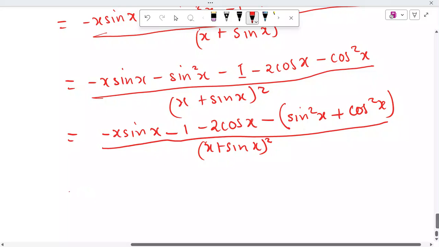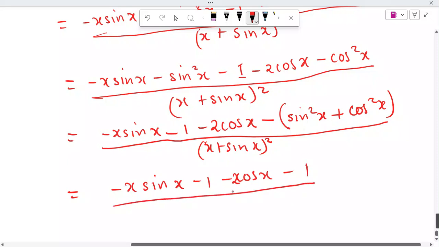You just remember from our previous video, I derived this identity. So minus 1 minus 2 cos x, and I'm just trying to see if we can simplify it further so that it looks neat.